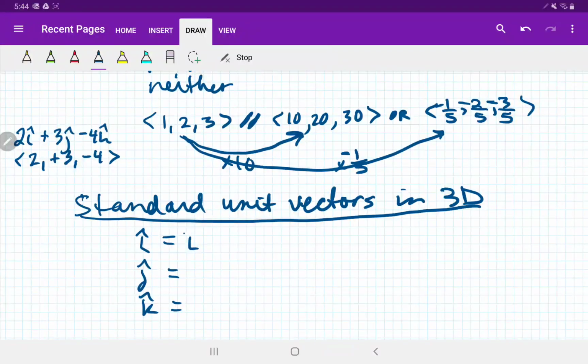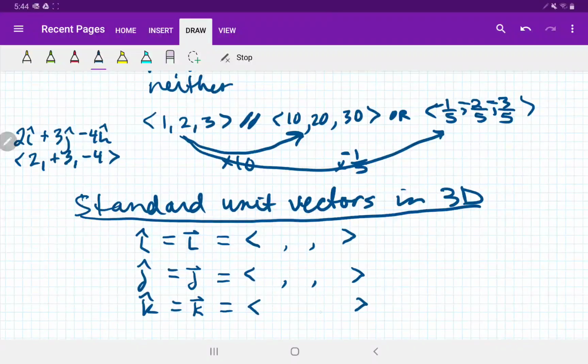And your teacher probably is going to put a regular vector line on top of it. I don't know why I learned to do the one with the carrots on the top. So I don't want you to do something that shocks your teachers. Okay, so i is one movement in the x direction. j is one movement in the y direction. And k is one movement, one square in the z direction.